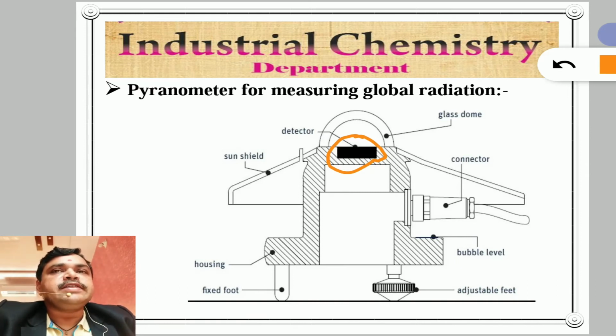As a result, an EMF, electromotive force, is generated, in the range of 0 to 10 millivolt, which can be read, recorded and integrated over a period of time and is a measure of global radiation. So this is the pyranometer.